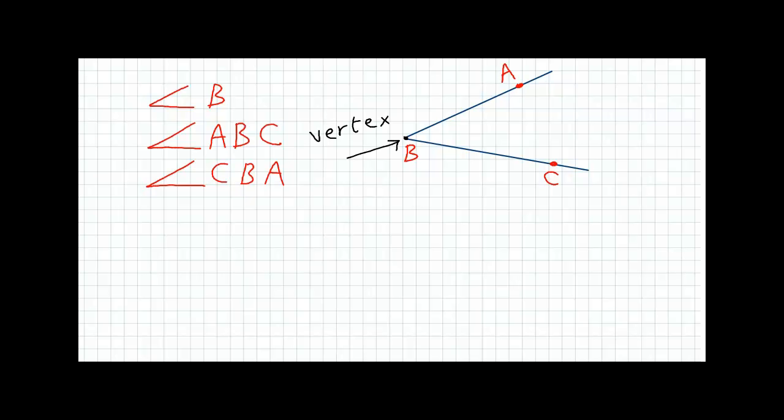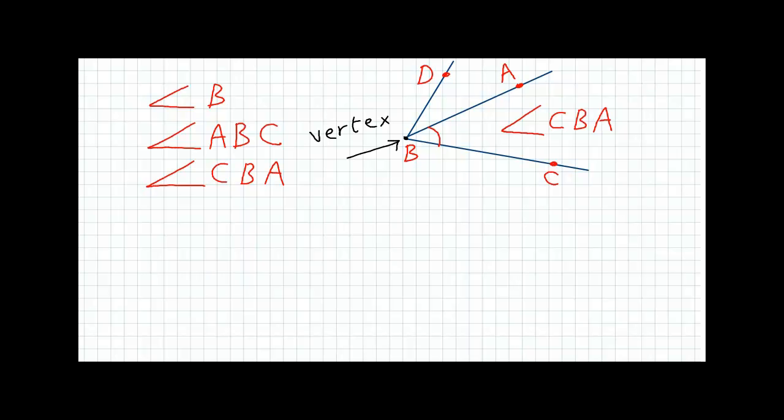But if you have another angle which shares the vertex point P, suppose that we have another side, another angle, which has a side passing through the point D. Now, if we are talking about this angle over here, we can't call it angle P. We should call it angle CPA or APC.